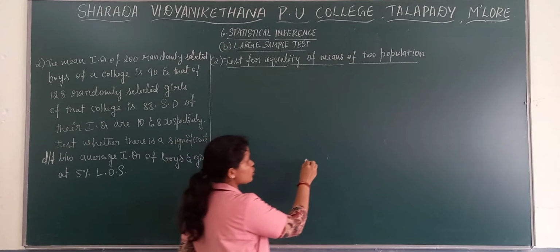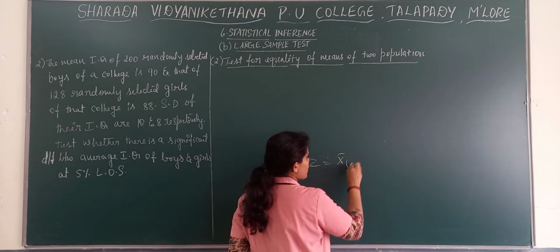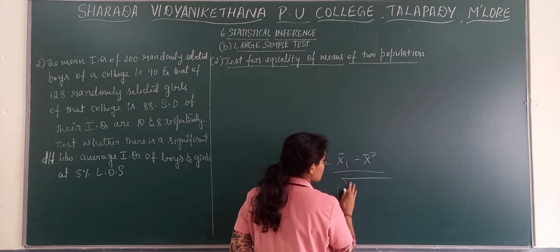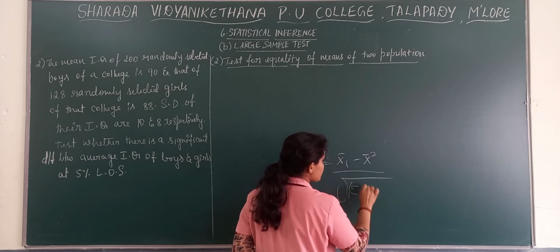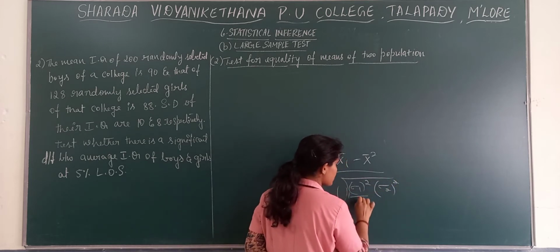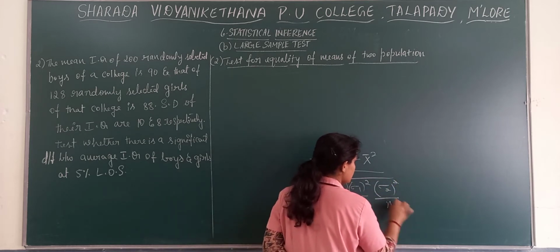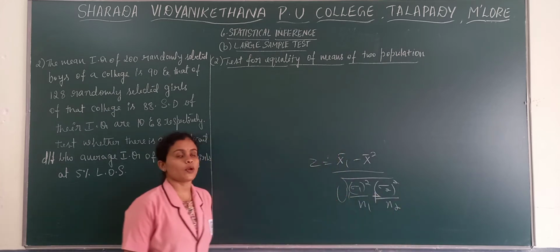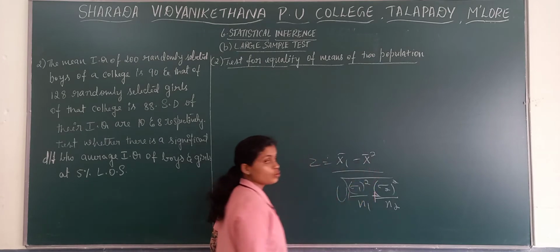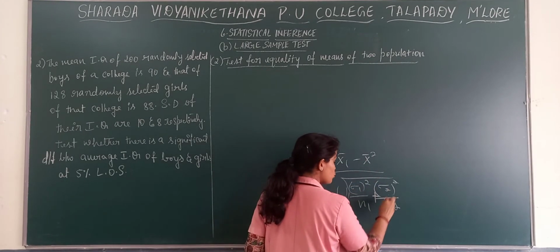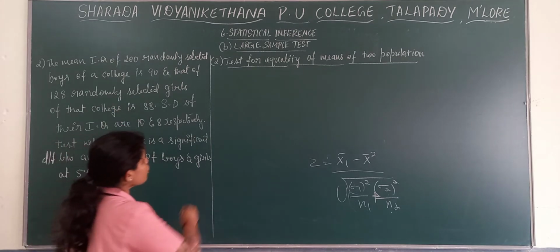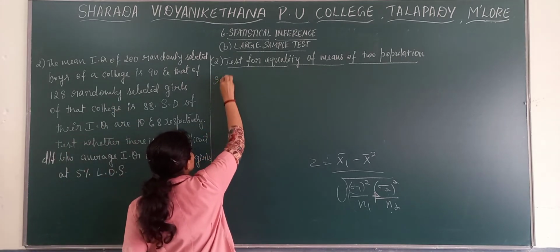The formula goes like x bar 1 minus x bar 2 divided by the root of standard deviation 1 square by n1 plus standard deviation 2 square by n2. So you need to identify mean 1, mean 2, standard deviation 1, 2, n1 and n2. Now let's write the solution.